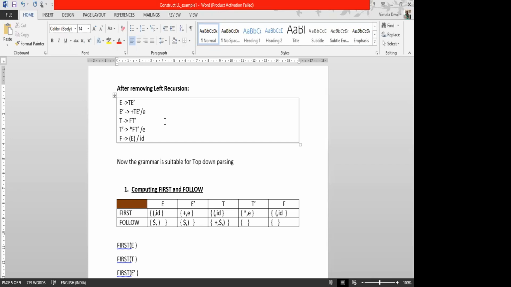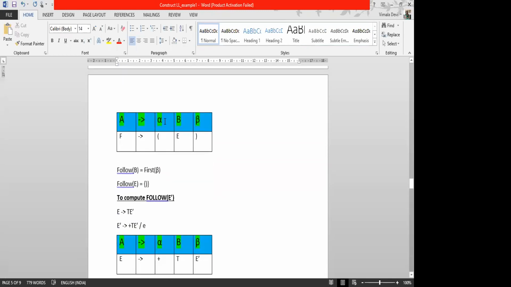Second step is constructing the LL1 parsing table.